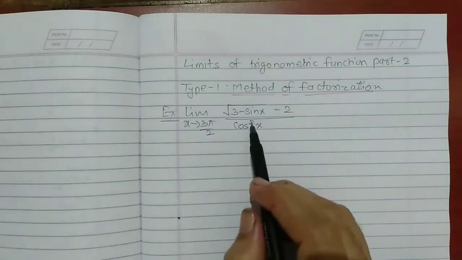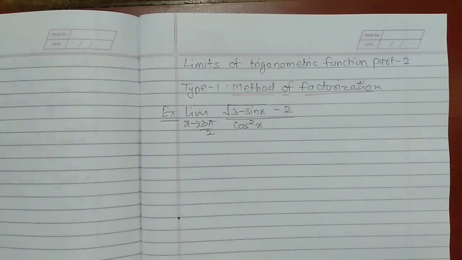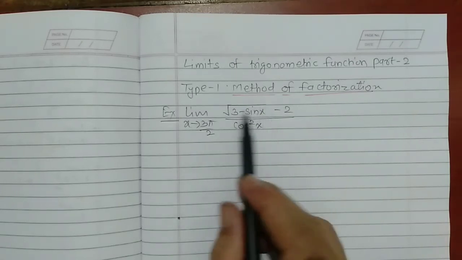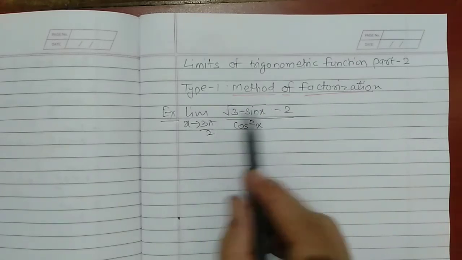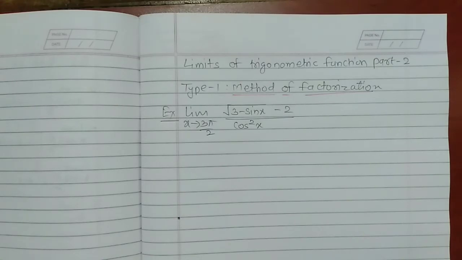So this is a problem of factorization, but the problem contains a root in the numerator. So our first job is to remove that root by the method of rationalization.